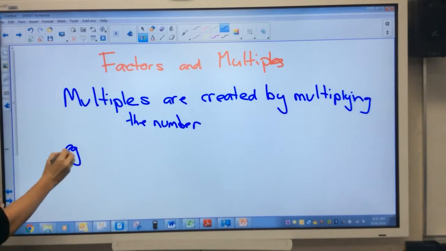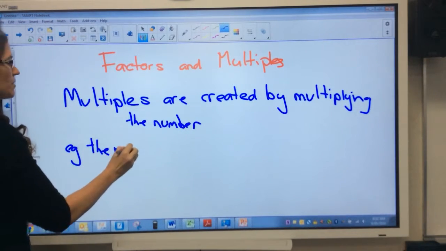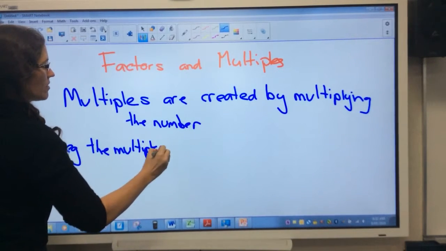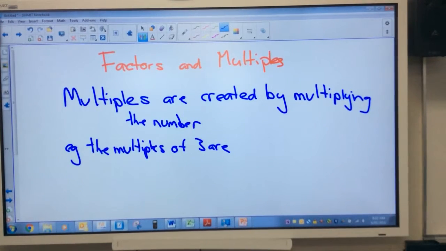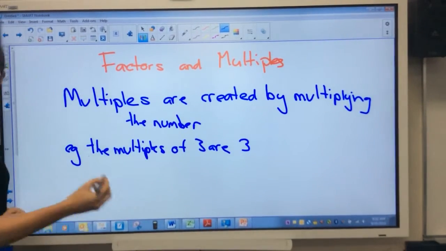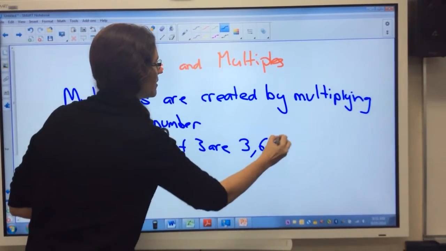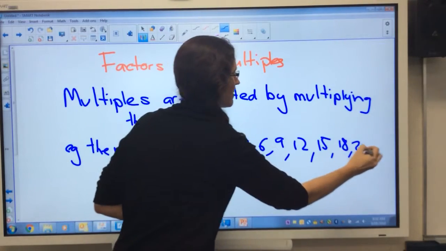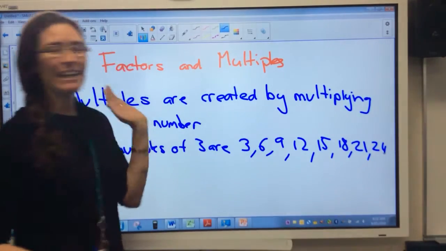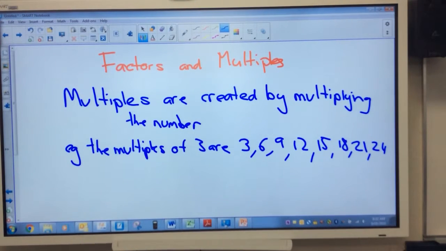So for example, the multiples of 3 are, so we know 1 times 3 is 3. 3, 6, 9, 12, 15, 18, 21, and it keeps going. So it keeps going forever. It never runs out. There are more and more and more multiples.